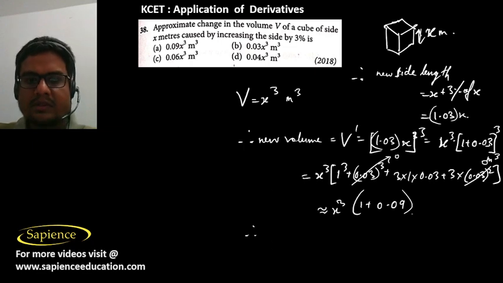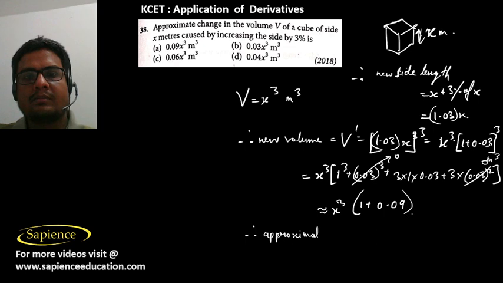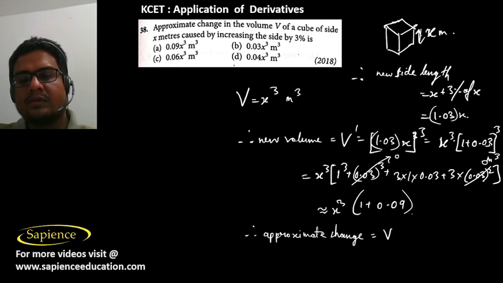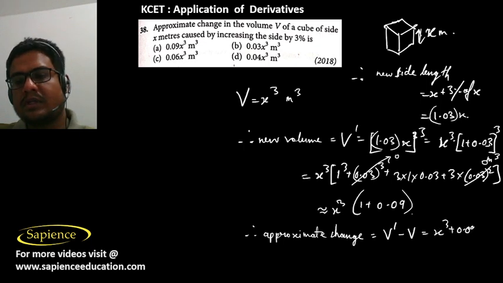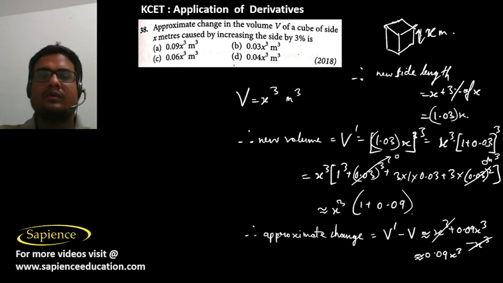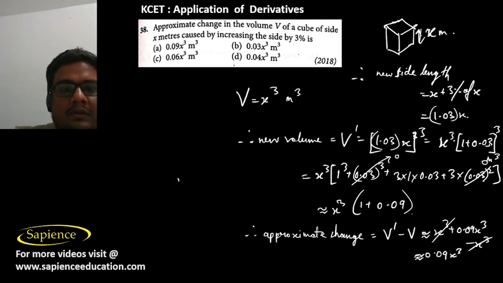So the approximate change in the volume, V dash minus V, is x cube plus 0.09 x cube minus x cube, that is 0.09 x cube. Approximately, it's not exact. So option A is the correct answer.